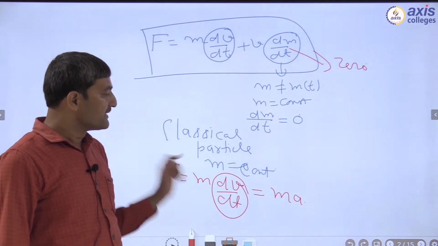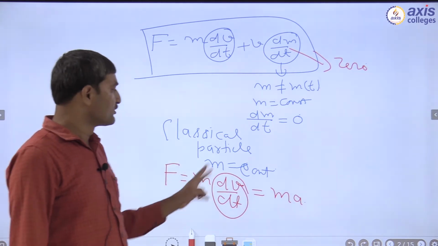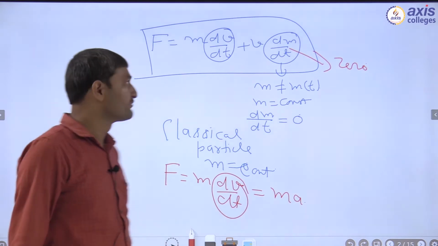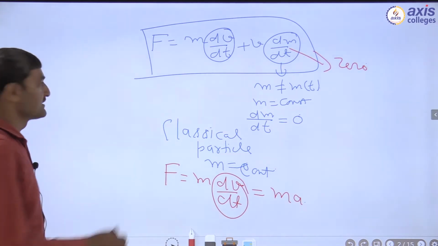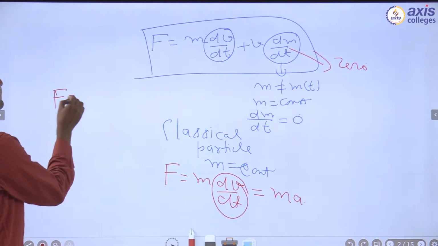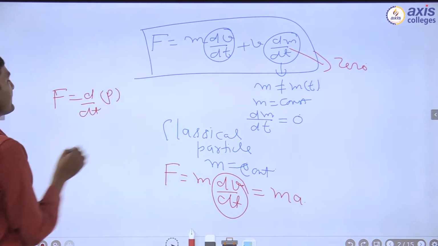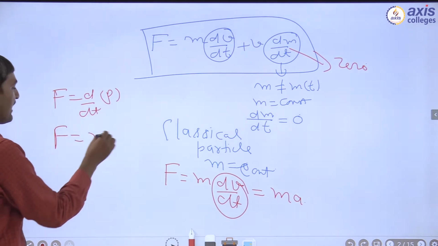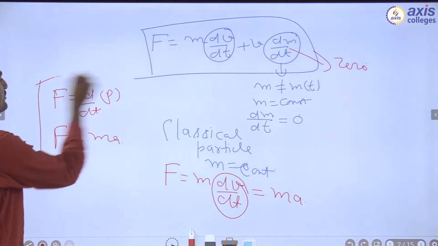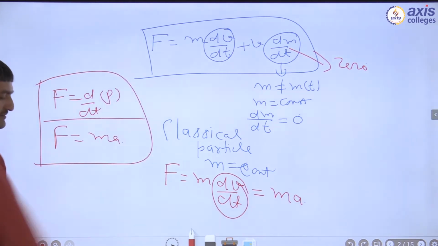So we have two equations of force. One is F equal to d by dt of p: force is the rate of change of momentum. The second is F equal to ma. What is the major difference?